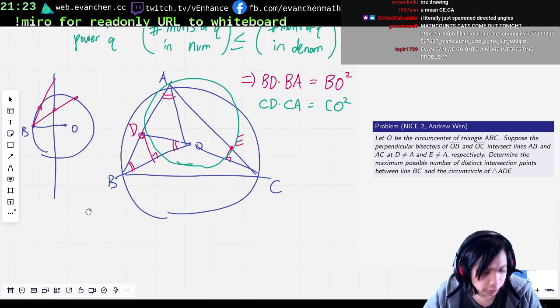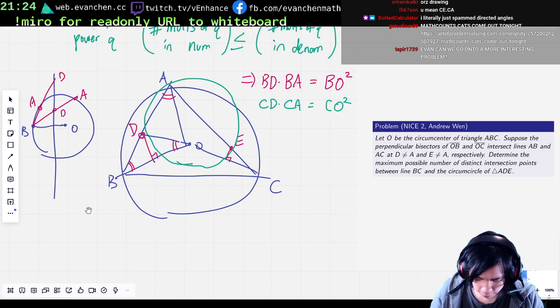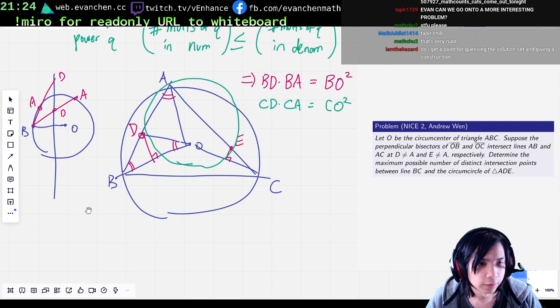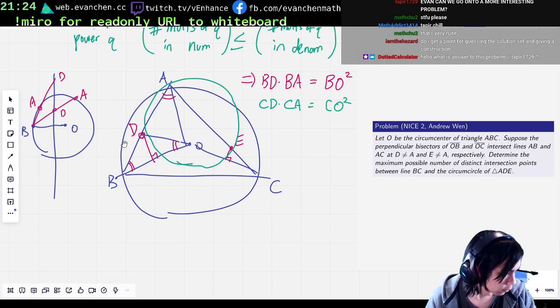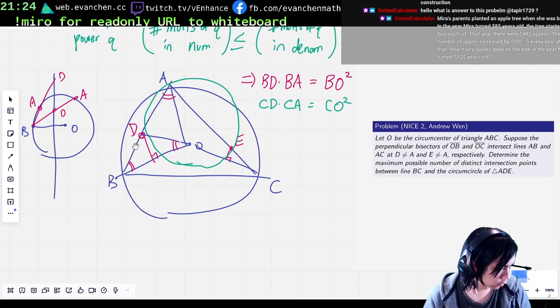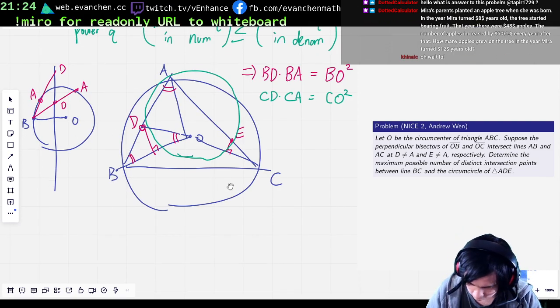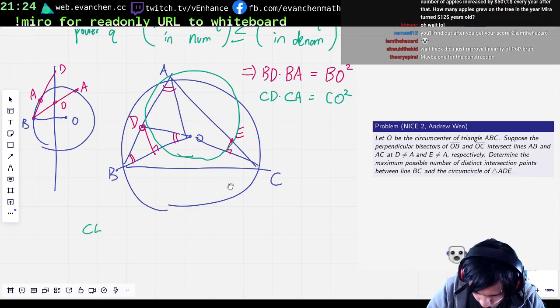A and D can come in either order, like here or here, but BD and BA are always pointing in the same direction. Because of this, I can apply a power of a point properly and get the following claim.